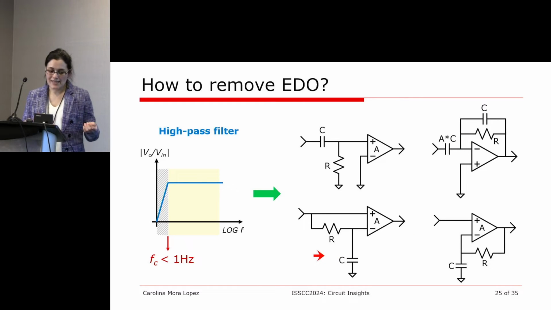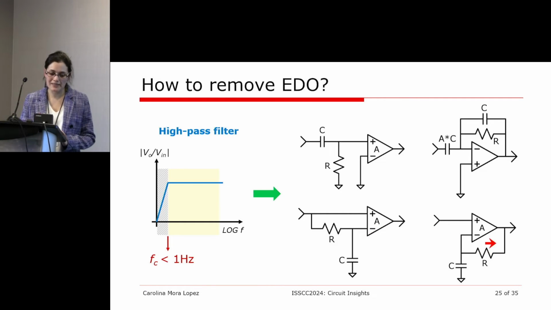In the next example, this is a different implementation because instead of implementing a high-pass filter, you implement a low-pass filter and you subtract this low-pass filtered version of your signal from your input signal so that the amplifier only amplifies this high-pass filtered version. And the same happens with the next one.